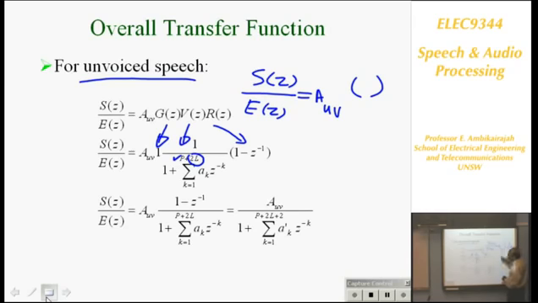The problem is that because of the nasal tract, we have got zeros in the model. Just look up the lecture notes on the web, you will find that one transfer function is missing here. And every single zero, I have already showed you, can be represented by 2 poles. So if I have got L zeros altogether, I've got 2L poles. So that's how it happens.